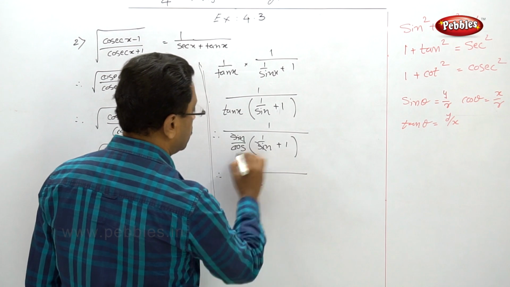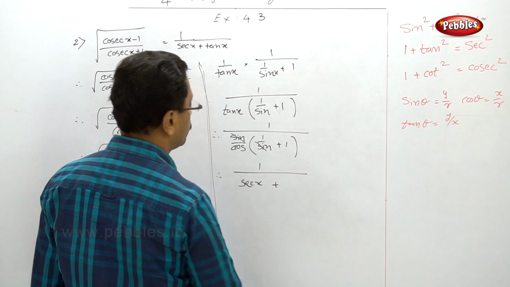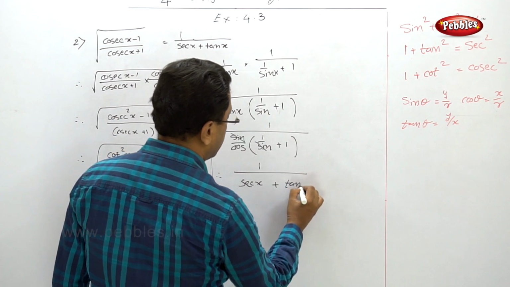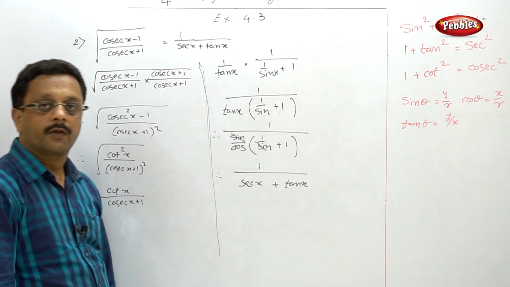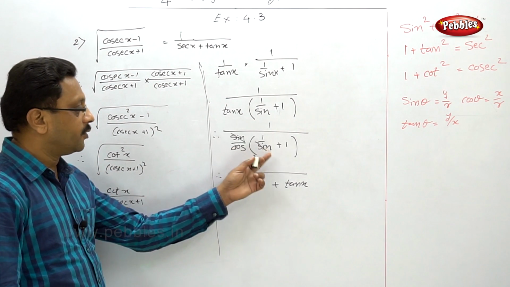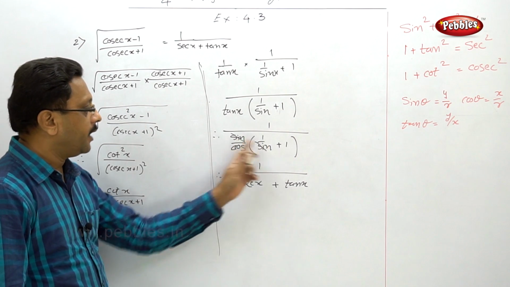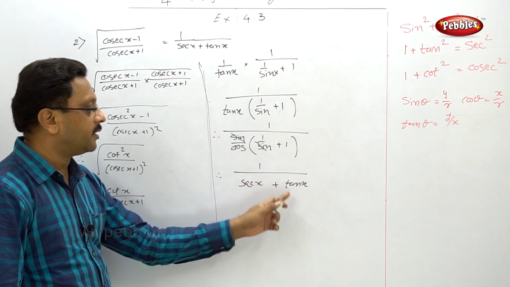1 upon cos is sec x plus sin x upon cos x is tan x. Okay, when I open the bracket, for the first term the sine will get cancelled and we'll have only sec x, and sin x upon cos x into 1, that is tan x.